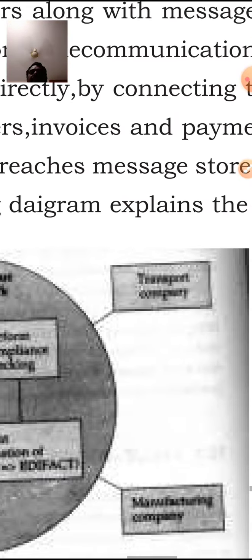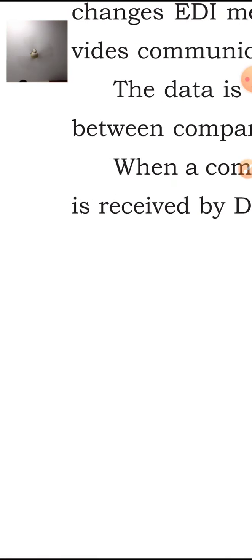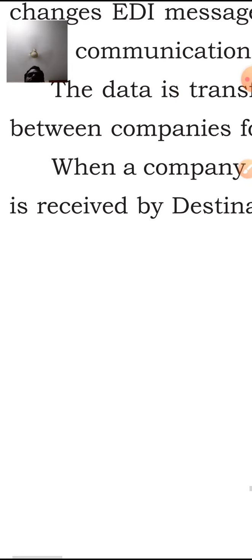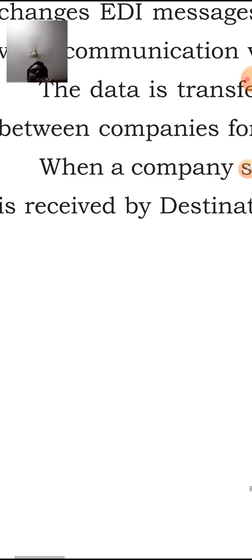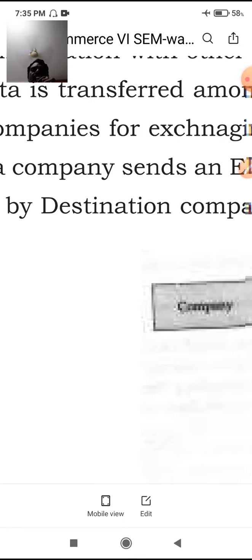The following diagram explains the activities of the VAN. So a company sends information to another business organization in the online business. The information is sent to the VAN, and through the VAN it is received at the destination company. Observe the picture of the VAN.